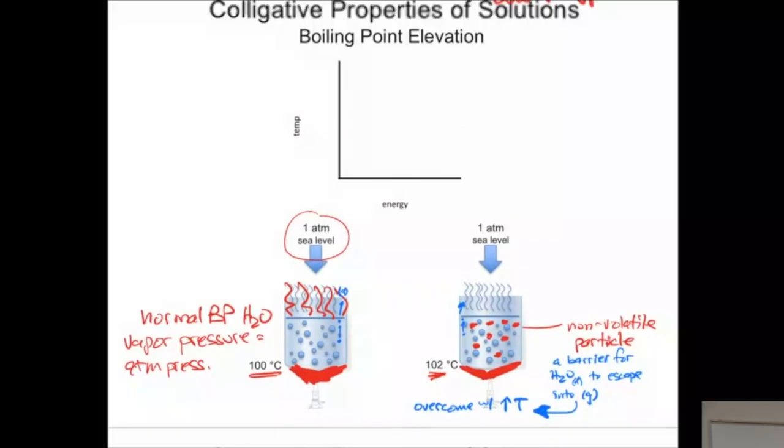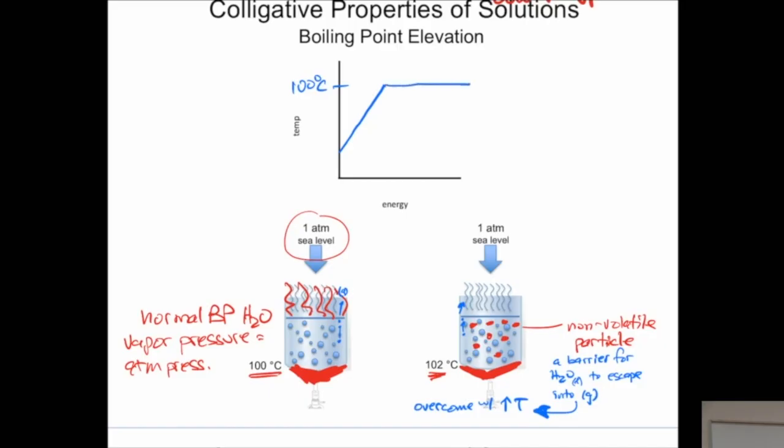So if I were to plot this out, this is similar to, or it's the opposite of, when we were cooking that hard-boiled egg on the top of a mountain. Now we're trying to cook the hard-boiled egg by putting non-volatile particles in there, okay? We can actually get more energy into that water before it boils. Because if I look at the normal boiling point, 100 degrees Celsius, remember what happens, right?